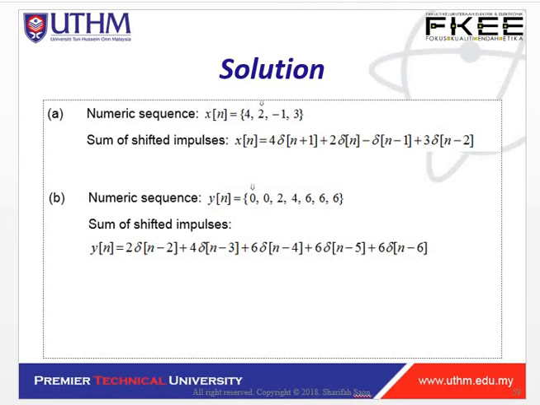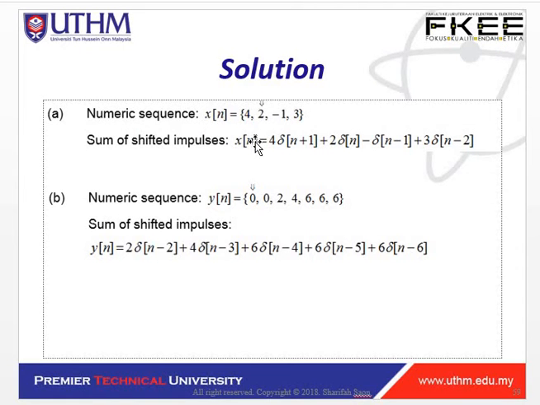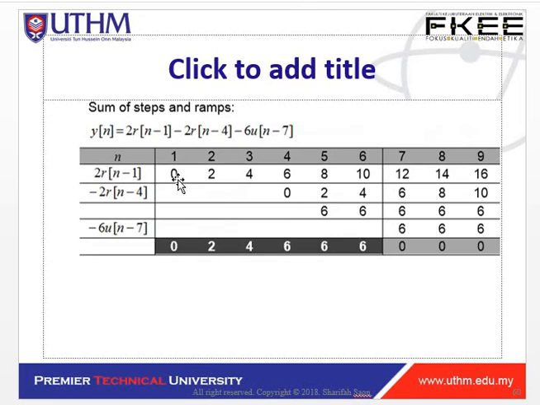You also can do it as a sum of the step and ramps. So how do you solve it if the question asks you to produce the answer with a sum of the step and ramps? The question is 0, 0, 2, 4, 6, 6, 6.